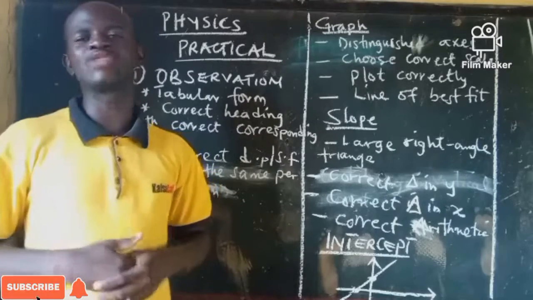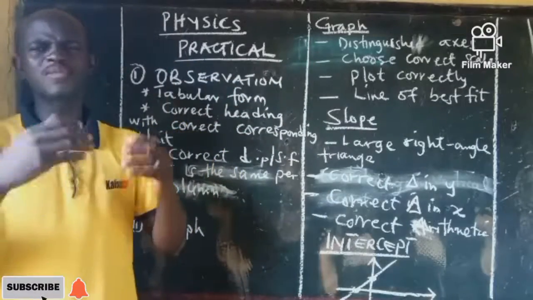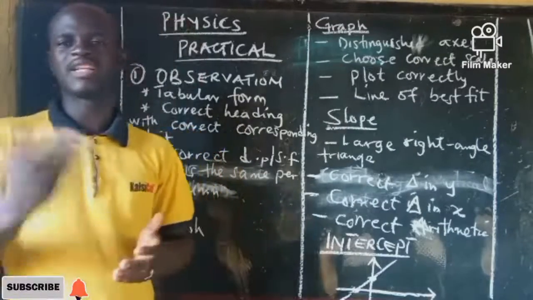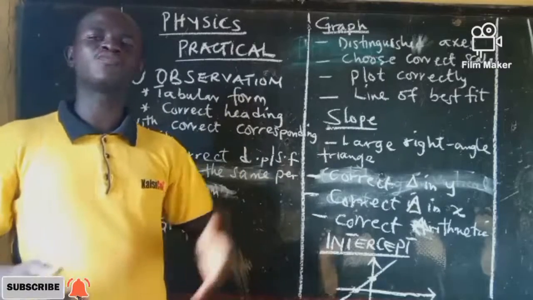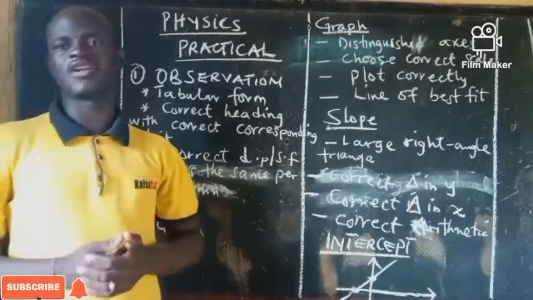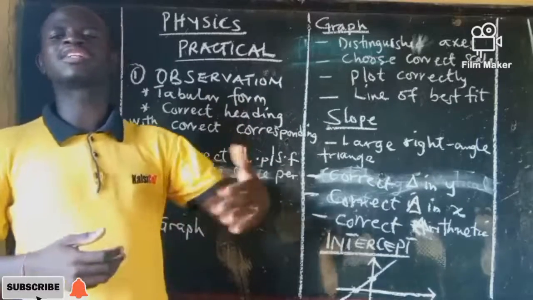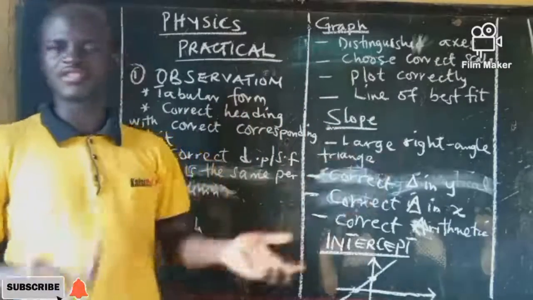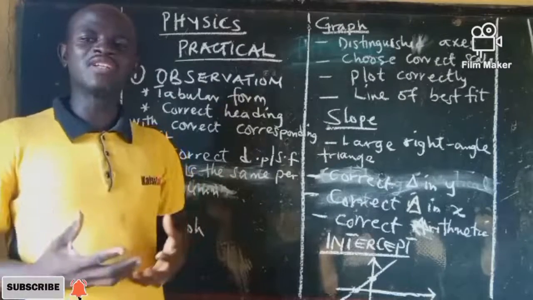Number one, the first thing that will come up is what is called your observation. You will observe things. For example, you are given a pendulum, a thread, a meter rule, and a stop clock, and you are asked to measure the length of the thread to 60 centimeter, and you set it into a certain number of oscillations, e.g. 20, in order to know the time taken for that pendulum to complete that number of oscillations.